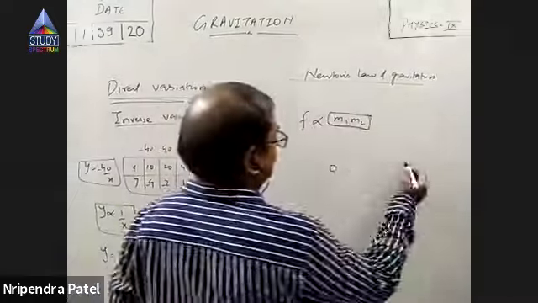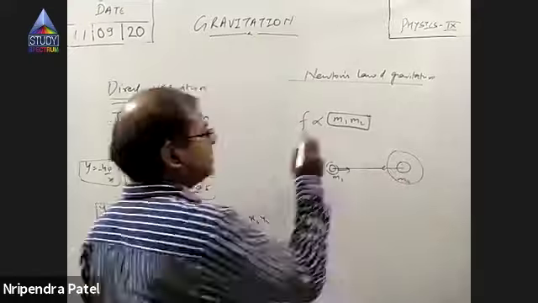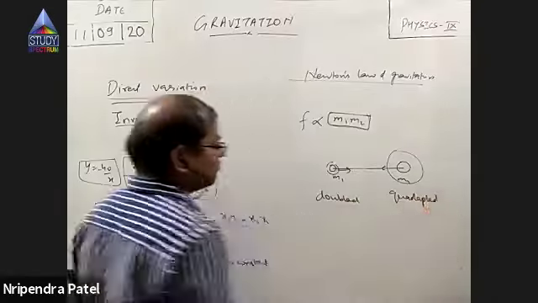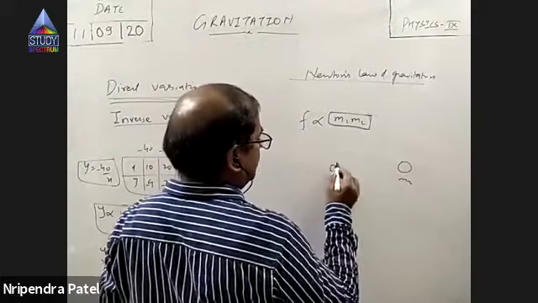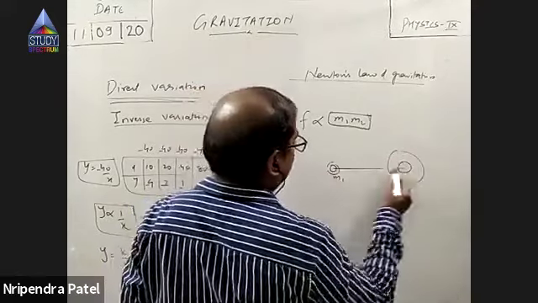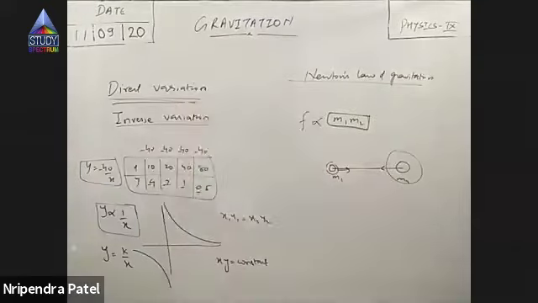See, I'm trying to make you understand the meaning of F is directly proportional to the product of masses. My question is, if there were 2 masses M1 and M2, and mass M1 is doubled and mass M2 is made 4 times, how many times will the force of attraction between them increase or decrease?